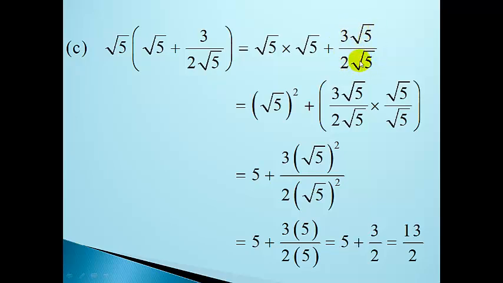If you want to rationalize, we have to multiply the numerator by the surd, that is root 5, and we divide it by the same surd, root 5. Now root 5 all squared is equal to 5, plus 3 times root 5 times root 5, which is root 5 all squared, divided by 2 times root 5 times root 5, which is root 5 all squared.